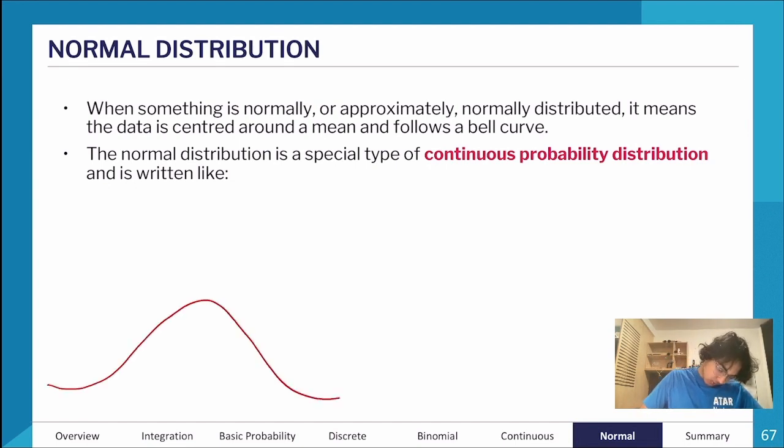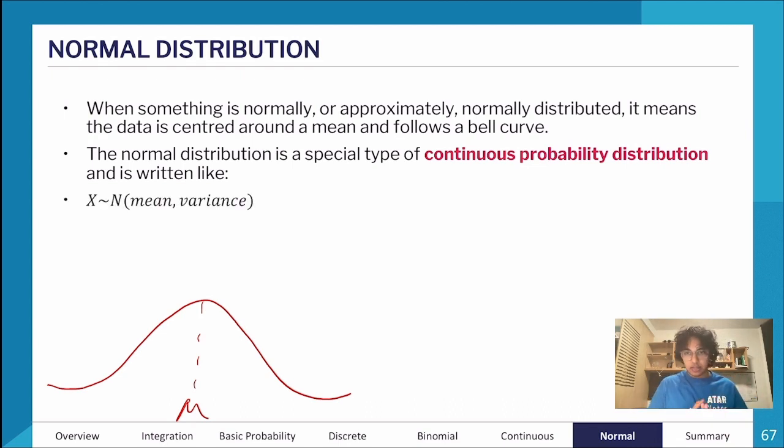It's these sorts of shapes, where the center is the mean. And like with binomial, where we write it with B, in this case we write X is distributed N, for normal, of mu, comma, sigma squared, or variance.